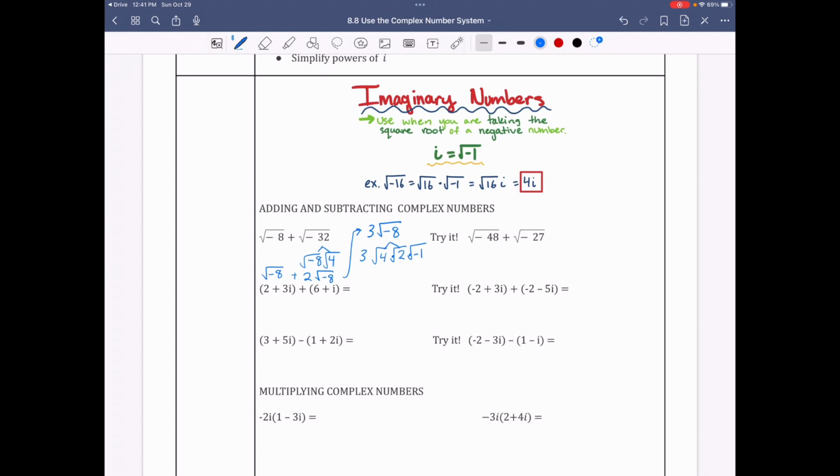So then the square root of 4 is 2. So we have 3 times 2. Then we have square roots of 2. And then instead of writing the square root of -1, we're just going to put i. So that equals 6 square roots of 2i.